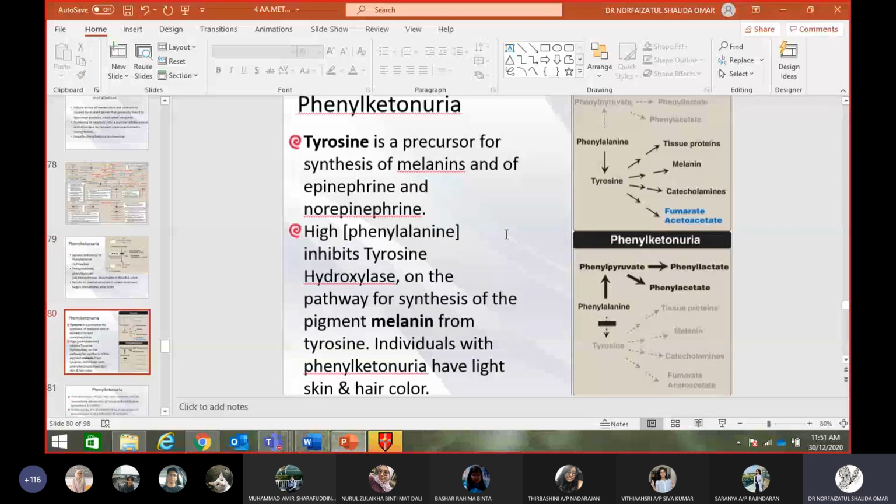What's important about tyrosine is that it is the precursor for synthesis of melanin.